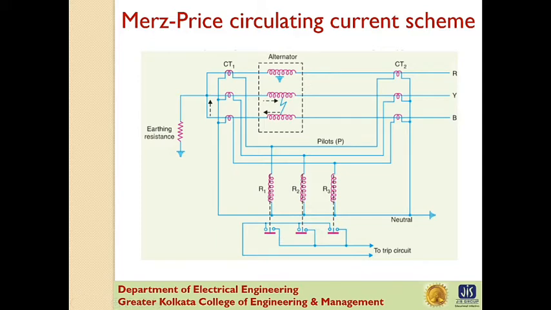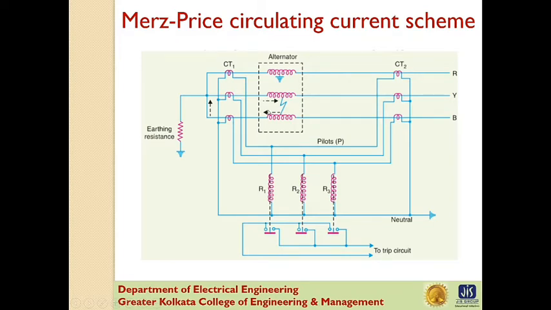Now imagine that a short circuit occurs between phase Y and phase B. The short circuit currents circulate via the neutral end connection through the two windings and through the fault, as you can see in this picture by this dotted line. Current is flowing in this direction.